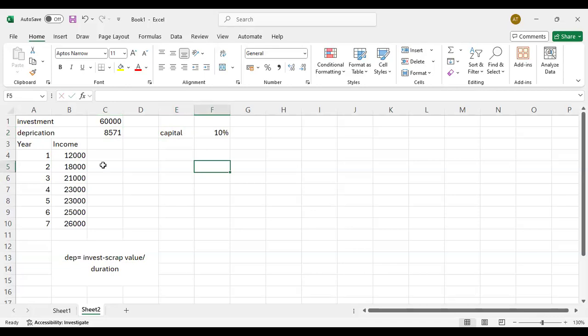So this is the numerical, and I'm trying to find out whether the investment is good or bad.